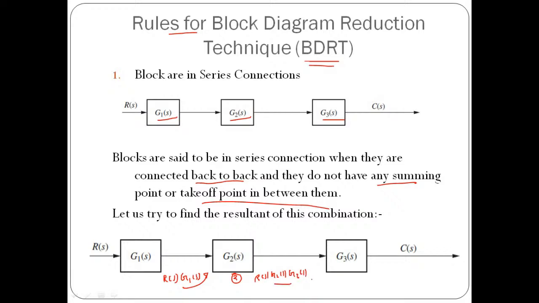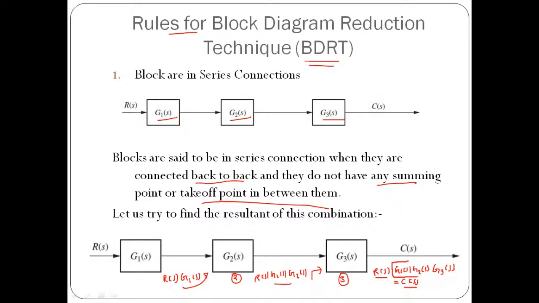Now this will be the input for block number 3, and the output of block number 3 is nothing but the output of the system. So C(s) is the input multiplied by the gain: R(s) times G1(s) times G2(s), multiplied by G3(s). This indicates the input and this indicates the output.